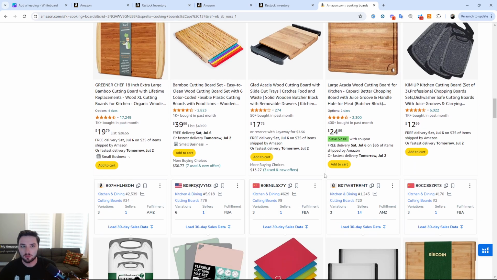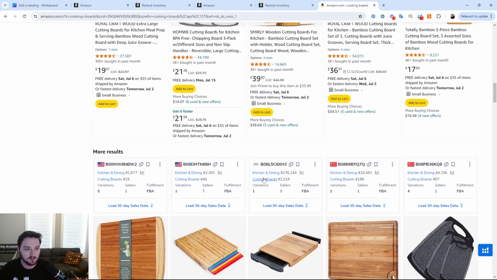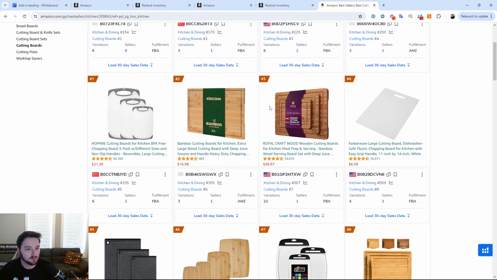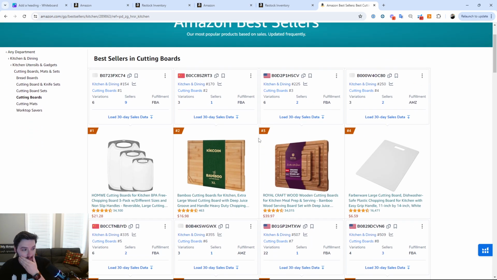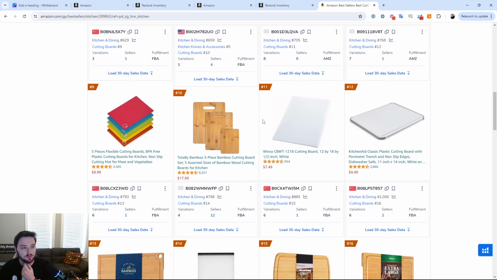Now, when you are first and foremost going to sell a product, you should always research who your competitors are going to be. You should understand from a granular level what you can expect to be getting out of this category. So if we want to just go to the cutting boards category, we'll come here for best sellers in cutting boards, and we can start to see who is selling the best, what they are selling price-wise.